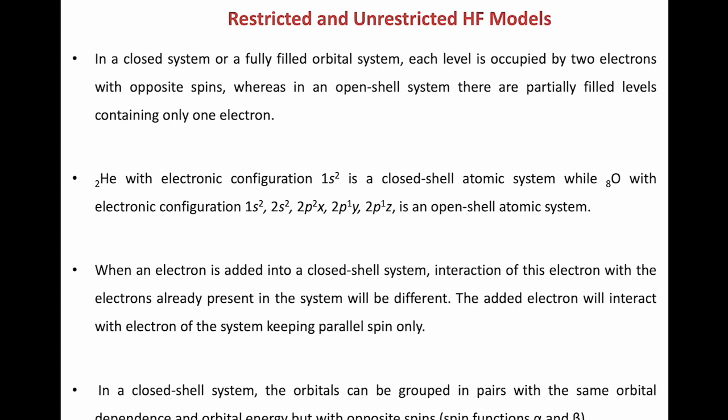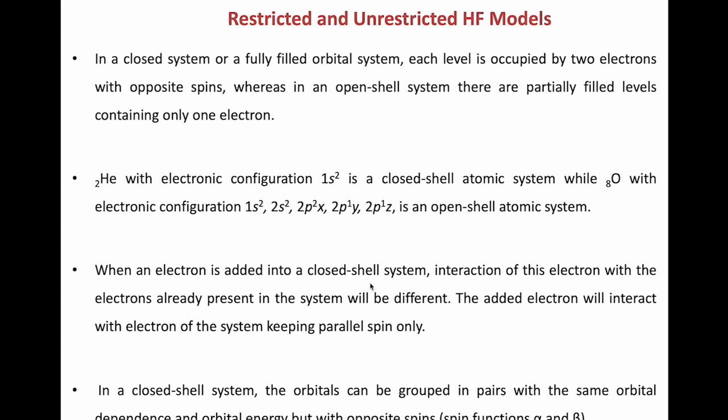For example, in the case of helium, the electronic configuration is 1s2 and it is known as a closed shell. But in the case of oxygen, with electronic configuration 1s2, 2s2, 2px2, 2py1, 2pz1, it is an open shell atomic system.